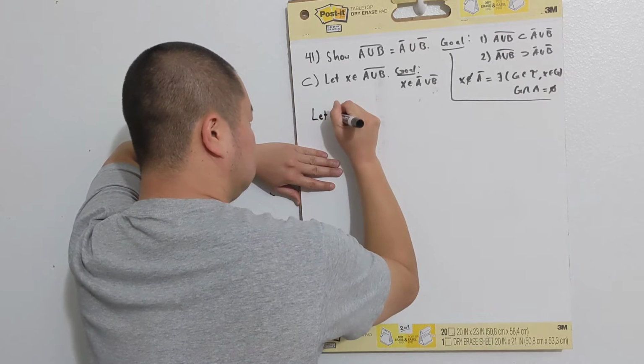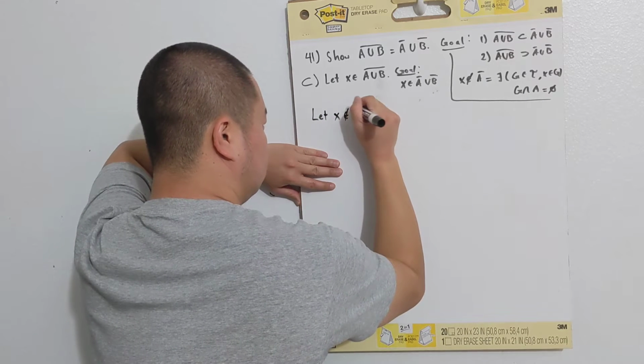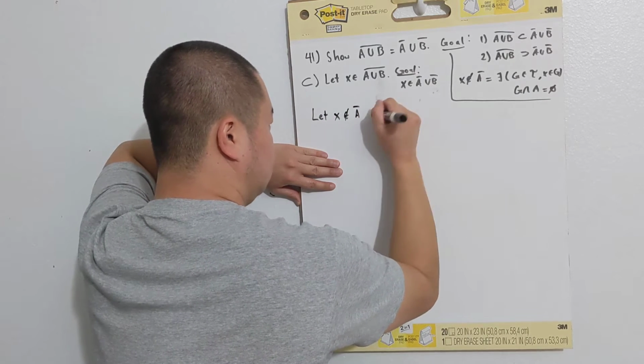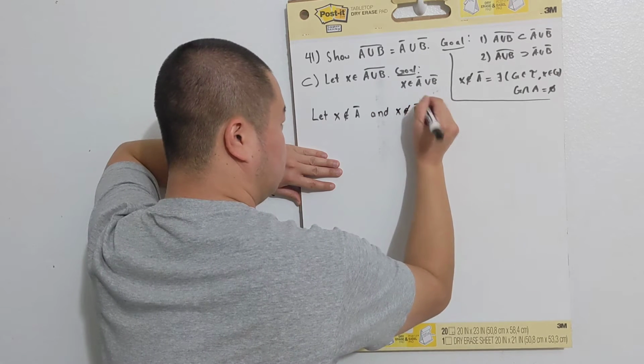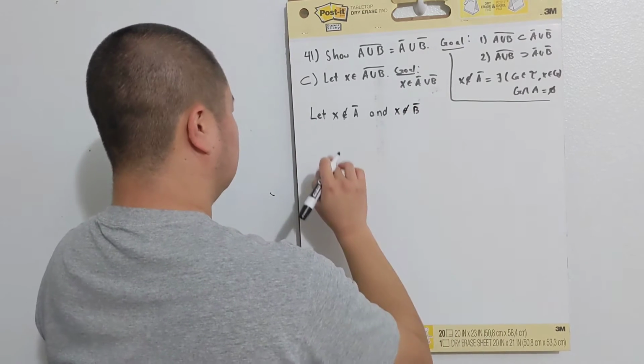So let X not be in the closure of A, and X is not in the closure of B. Okay.